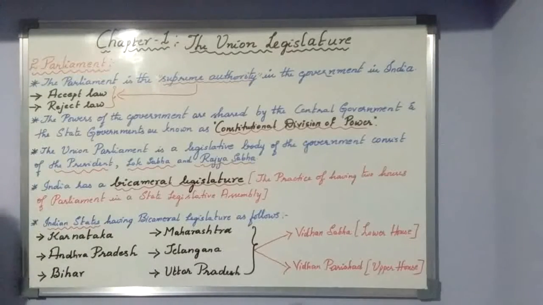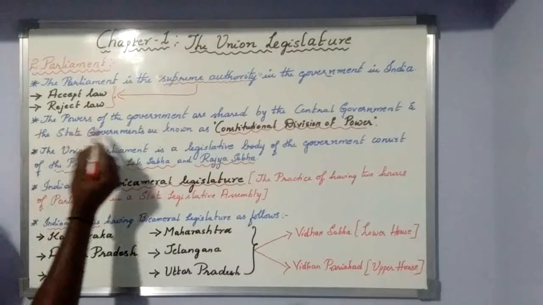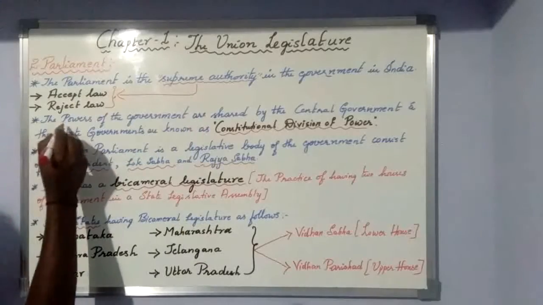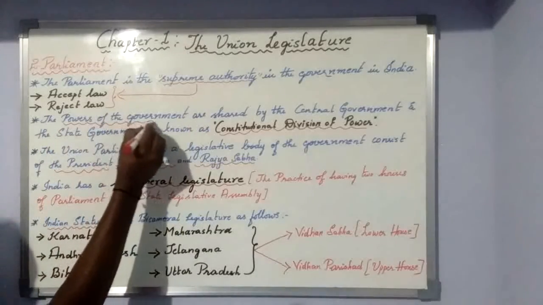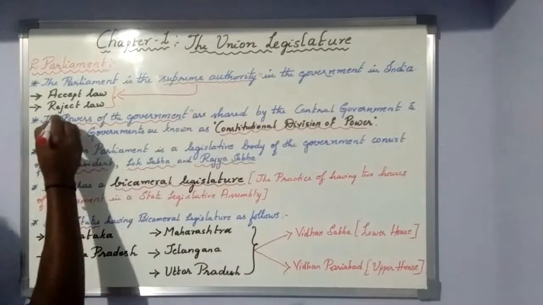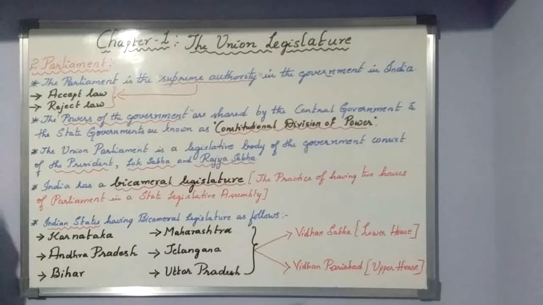The fourth point is that the powers of the government are shared. I already talked about what type of government India has. India has a federal setup or federal type of government, that is, the presence of two governments.